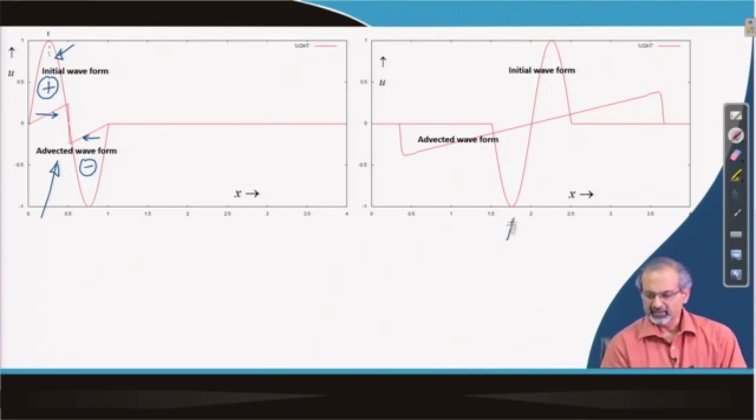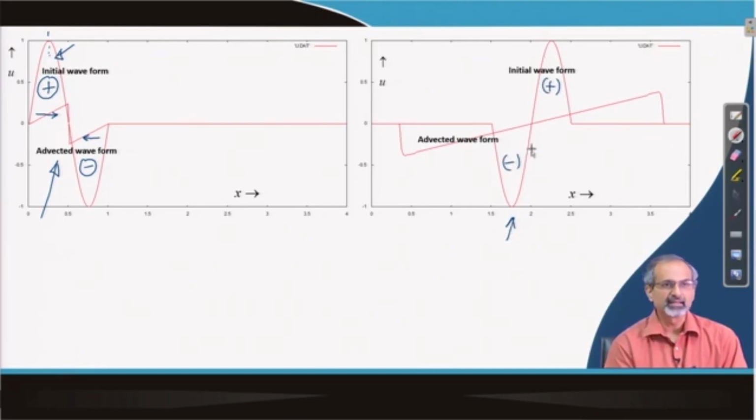While here you have a situation where you have positive velocity here, negative velocity here, and positive velocity moves towards the right, this towards the left, but then the maximum is somewhere in the middle. So, those characteristics would catch up with the slower ones towards the right, and therefore lead to a sharp discontinuity.